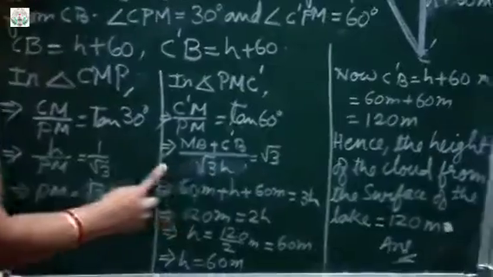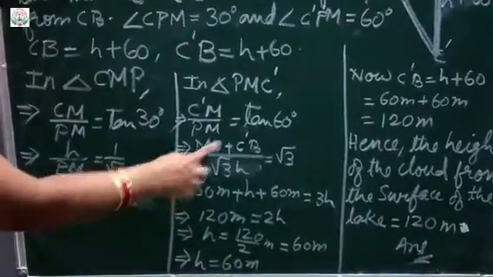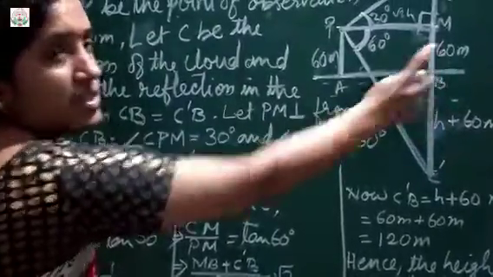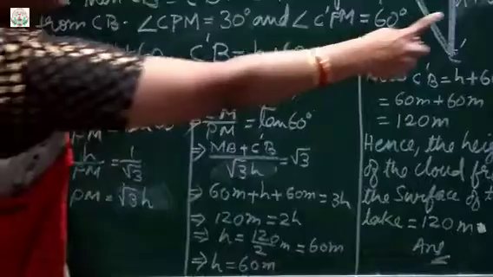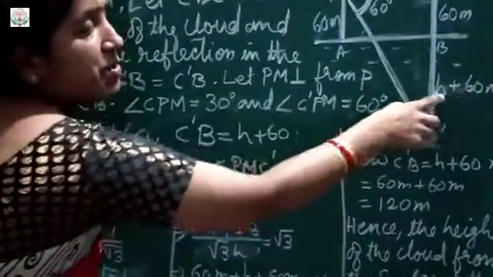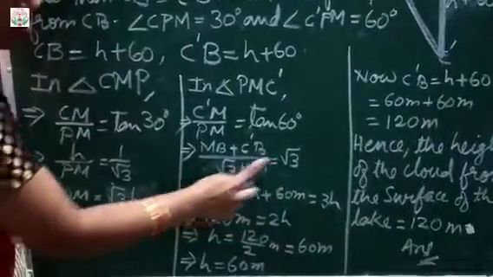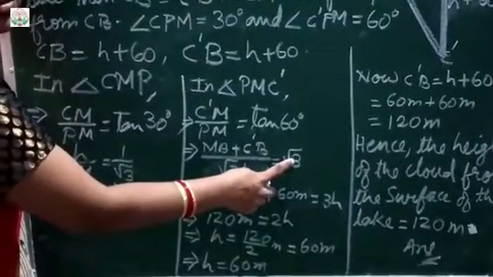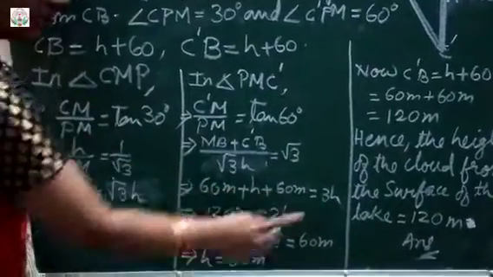Tan 60 is root 3. Now cross multiply. MB is given as 60 meter. So put there 60 meter plus C dash B, which is h plus 60 meter. So h plus 60 equals, cross multiplying, root 3 into root 3 will be 3 only, so it will be 3h.